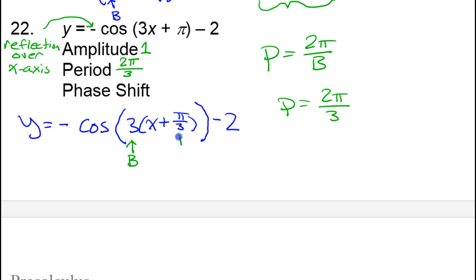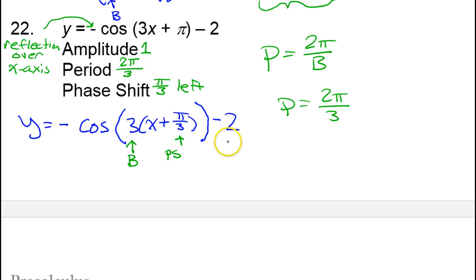Now the phase shift is going to come from this right here. But it's the opposite of what you would think. So I am going to have a phase shift of pi over 3. But a plus pi over 3 is actually a phase shift to the left. Okay?